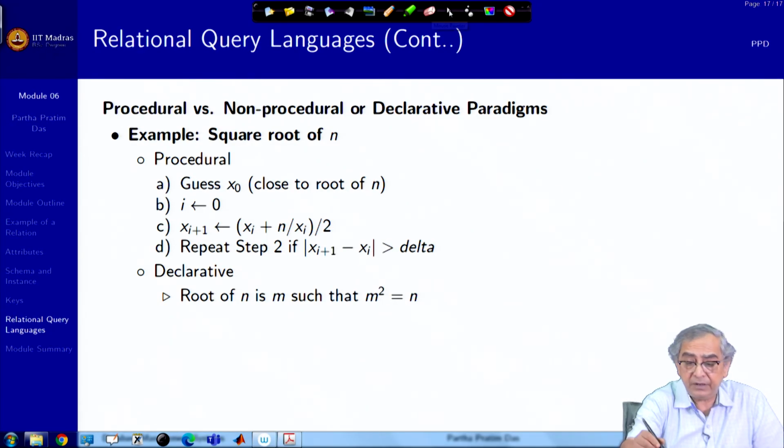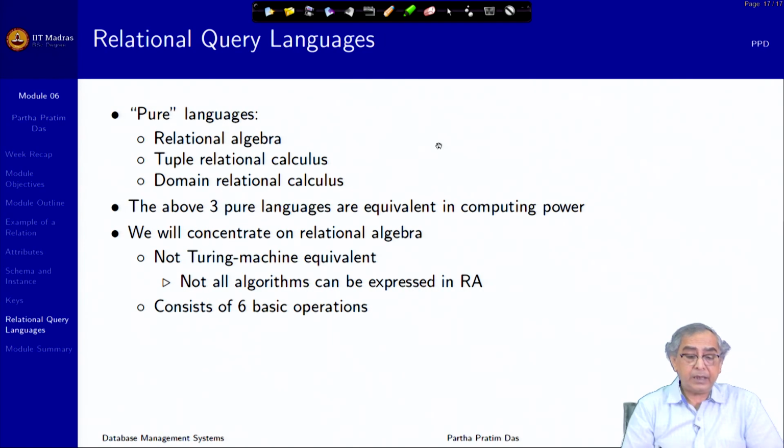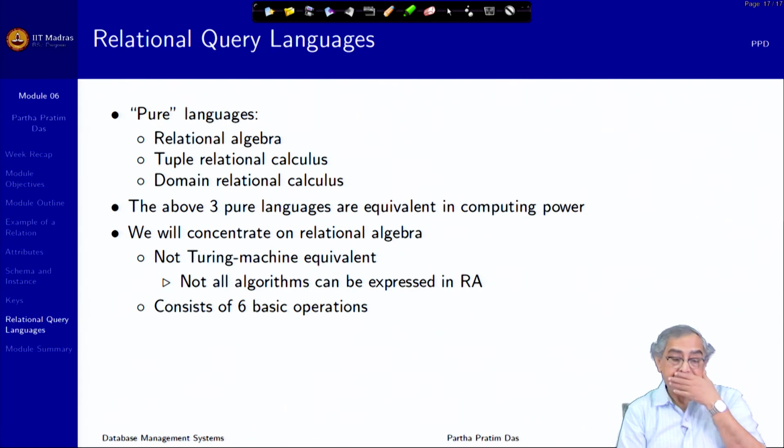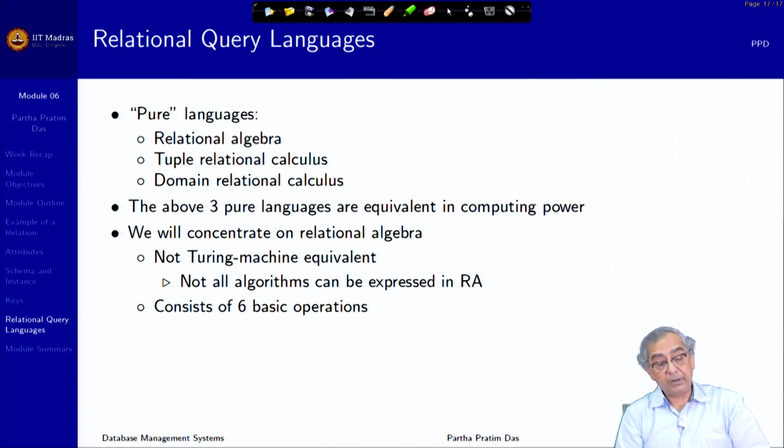So, this is the basic difference, and in terms of that we will see that it is the declarative style which is useful for relational query, and there are three models I have already talked of: relational algebra, relational tuple calculus, and relational domain calculus, and also remember that they are not Turing complete.